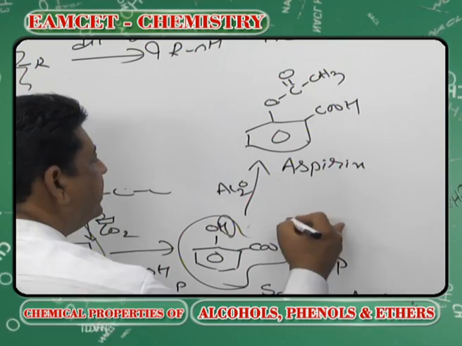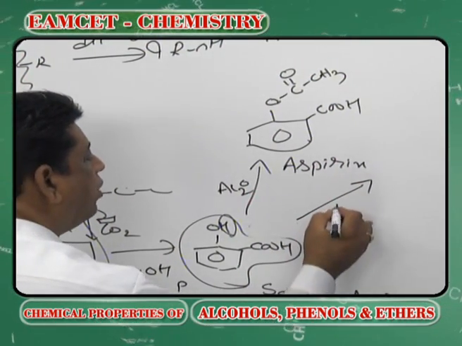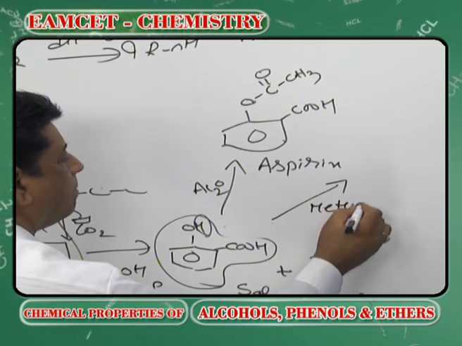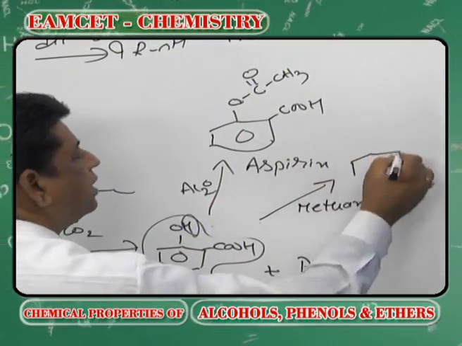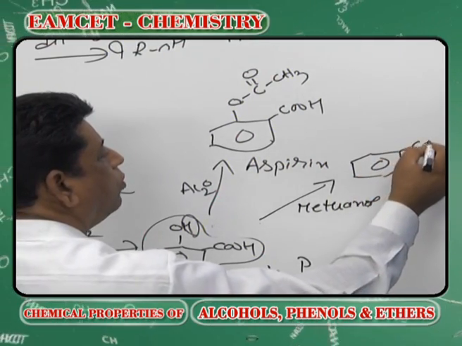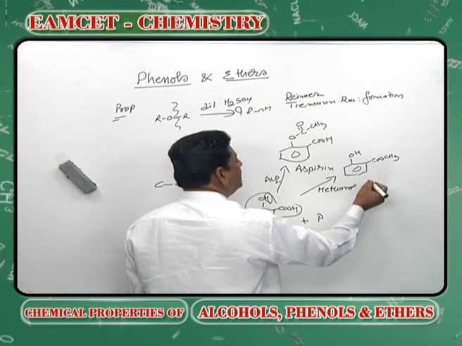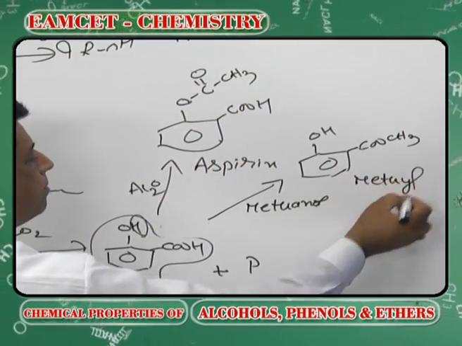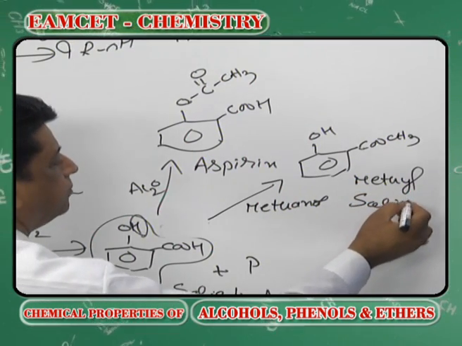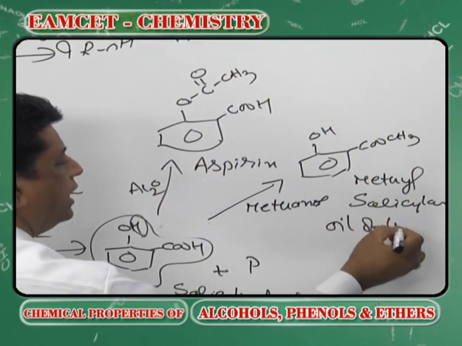In a similar way, when it is treated with methanol, this COOH becomes an ester, COOCH3. So this is called methyl salicylate, known as oil of wintergreen.